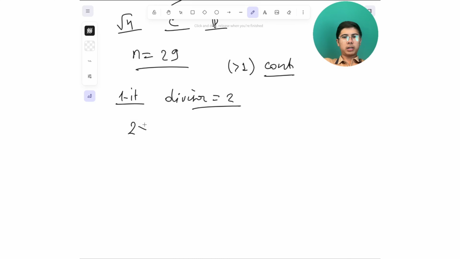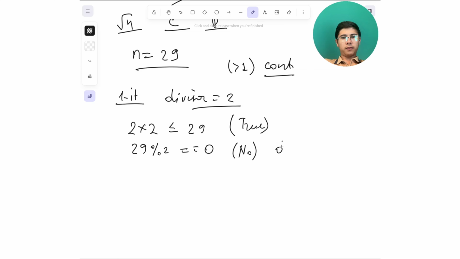That means 2 multiplied by 2 is less than 29. Yes, that means true. And then 29 modulo 2 equals 0? The answer is no, it is not divisible by 2.